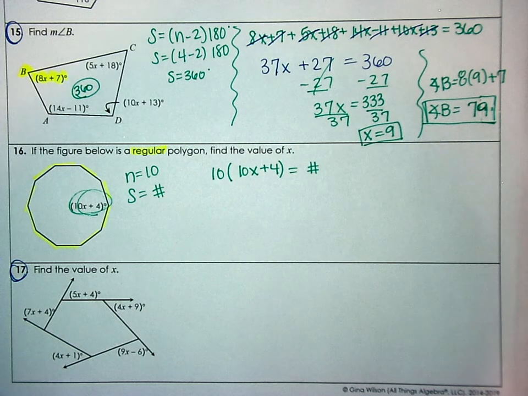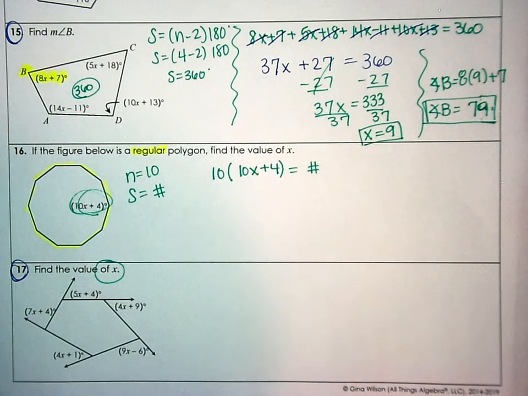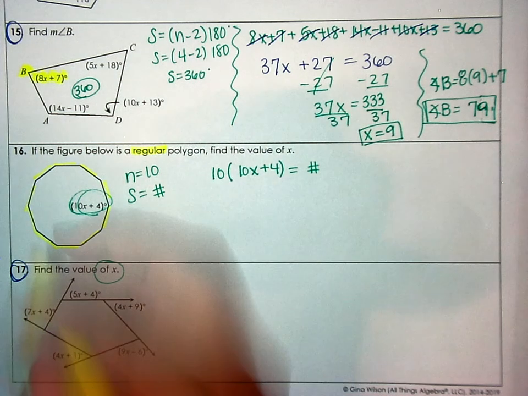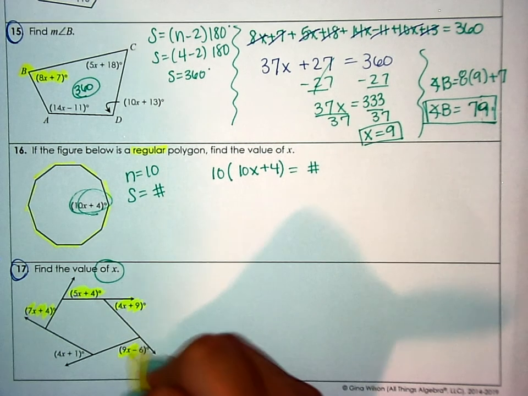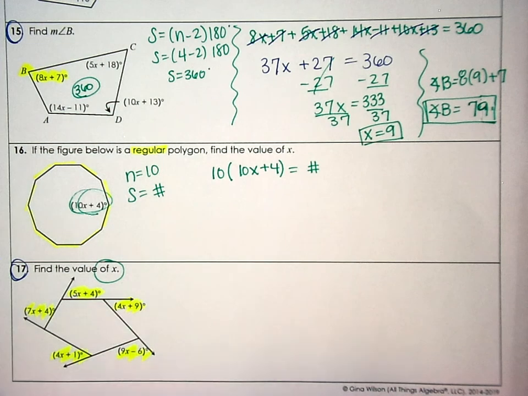Okay, we're going to do the last one now. This is all they give us, and then they said find the value of x. So they don't want us to plug this one in, they just want us to get x. This is actually quite a simple question because all of these are exterior angles. Every single one of these. How do I know they're exterior angles? I know they're angles because they have a degree symbol, and I know they're exterior because they're on the line with the arrows.